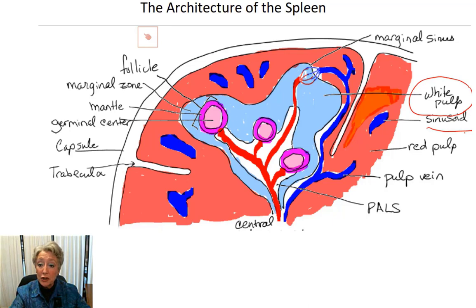And so one of the functions of the spleen is to take a very rapidly coursing channel of blood and move it into a very large diameter, large volume area of sinusoids where I can slow the vascular flow and allow all of those phagocytic cells to have time to capture the things that need to be captured. And this is essential physiologically in order to allow things to be captured out of the blood.